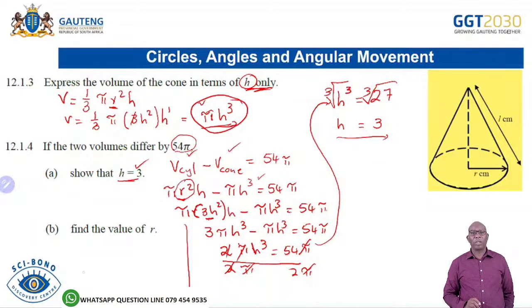The last question is find the value of r. Obviously, I already know what my h is. Can you see how these questions are interconnected? Whatever you get in this one, if you get the first one wrong, the possibility is that the next ones you're not going to get right.